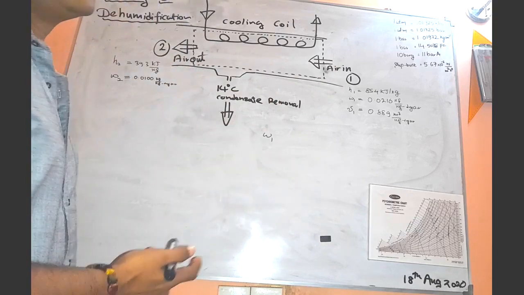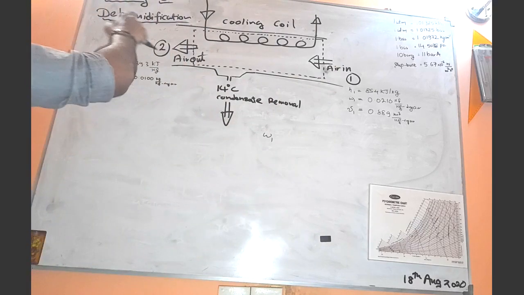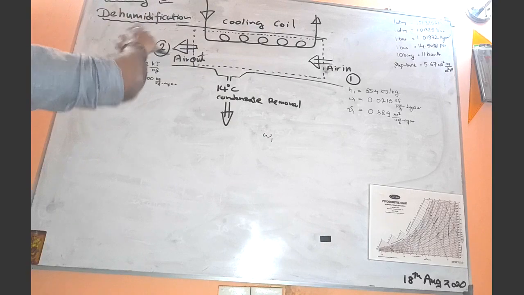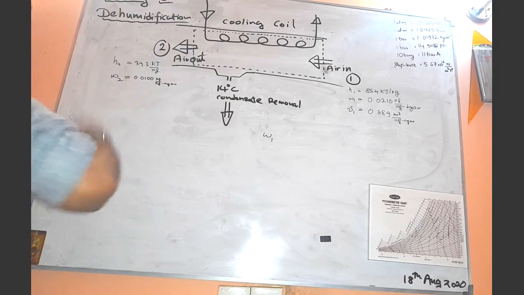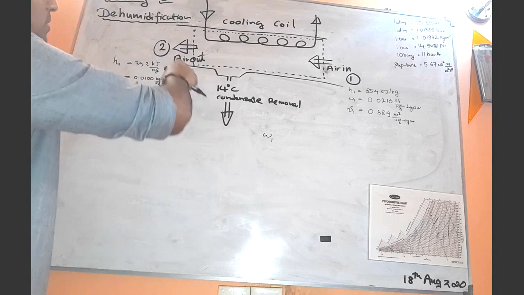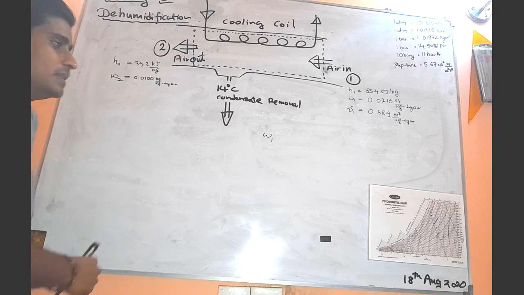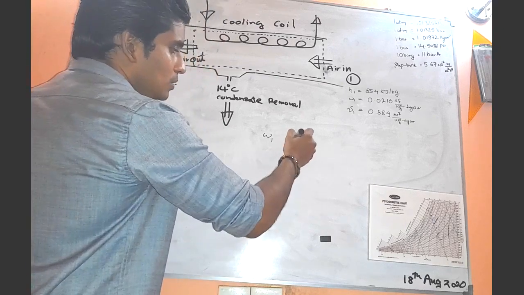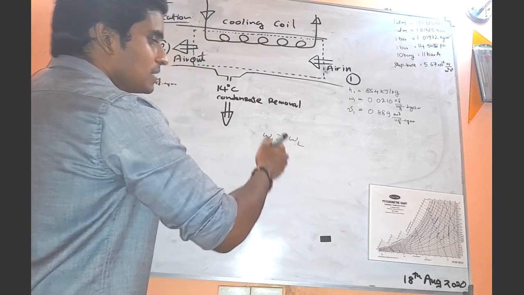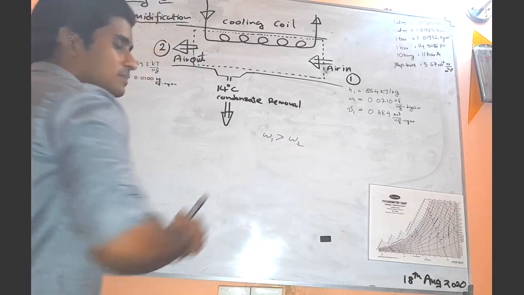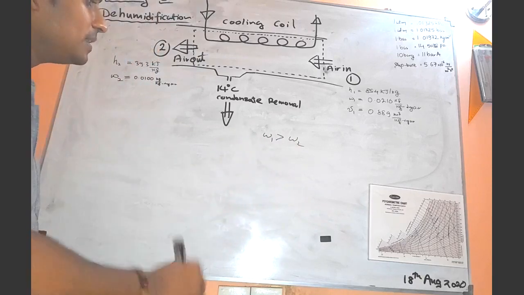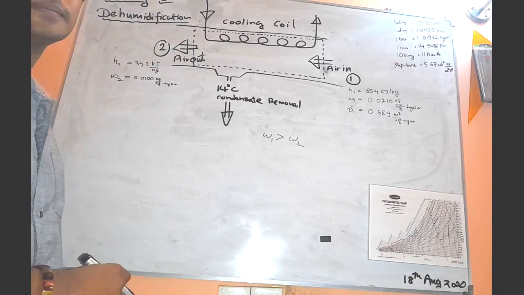As this problem is based upon cooling and dehumidification, if I say omega 2 is the humidity ratio at stage 2, which is the ultimate outlet, then definitely omega 2 will be lesser than omega 1. That means definitely omega 1 is higher. Got it?